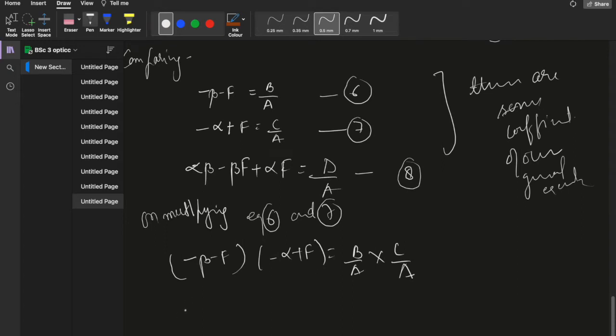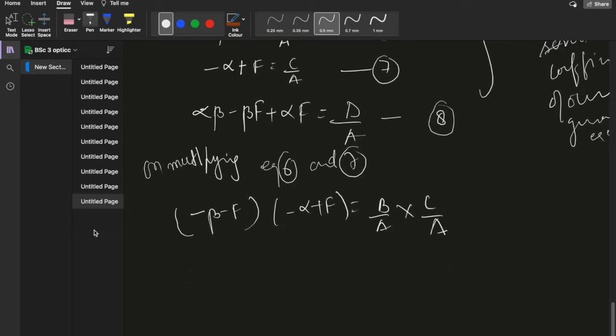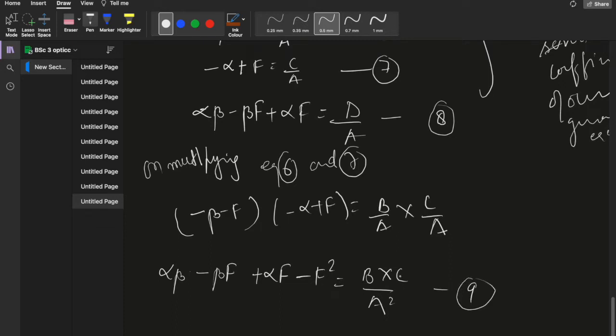So this becomes, multiplying alpha and beta: negative negative positive, alpha beta, then beta capital F, then negative negative positive, alpha capital F, negative alpha F square, which equals b into c upon a square. This is equation number 9.